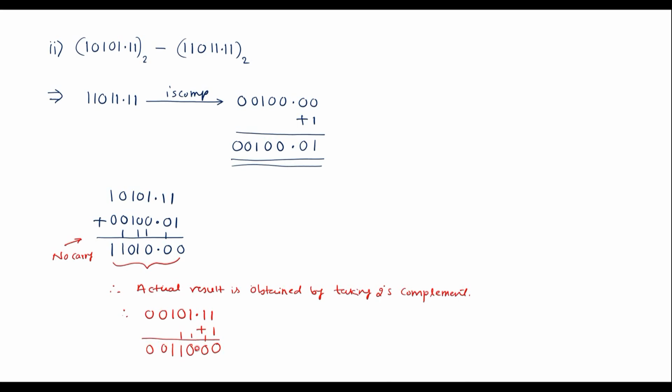So this is the actual result. For this actual result, we have to apply minus. Therefore, the subtraction of 11011.11 from this number is equal to minus 110.00. Thank you for watching.